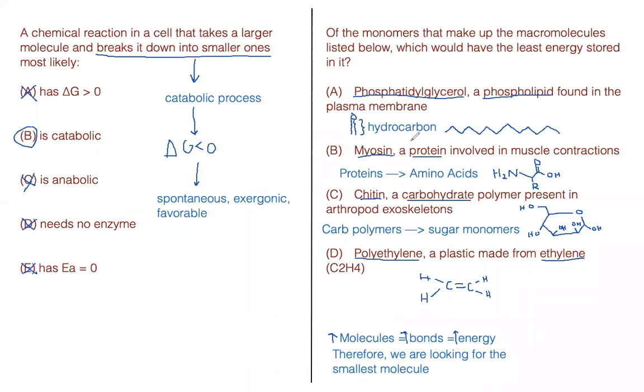And so now let's look at these. Hydrocarbons are relatively big, right? Like we said, they can be extremely long carbon chains, and so we can rule that out pretty easily. Proteins, amino acids, these are 2 carbons long, right? But they have an extensive structure, especially if these R groups are pretty big.